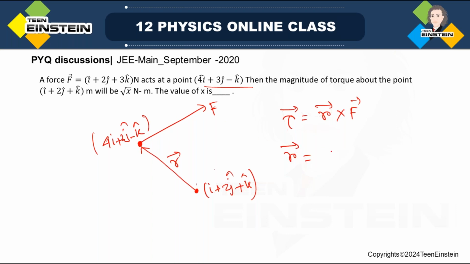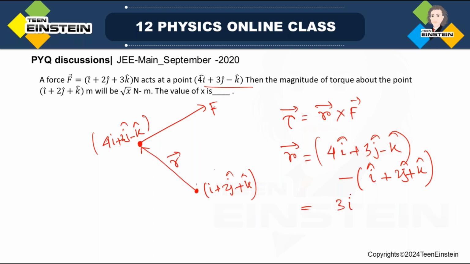F is given, so r is actually the force point minus this point, because I am finding the position vector. So you will get 3 i cap plus j cap minus 2 k cap. This is the position vector r.